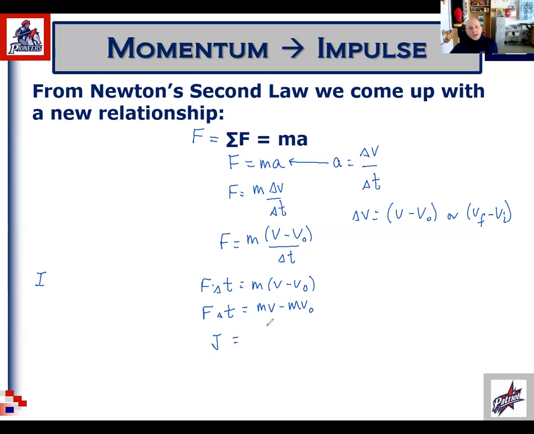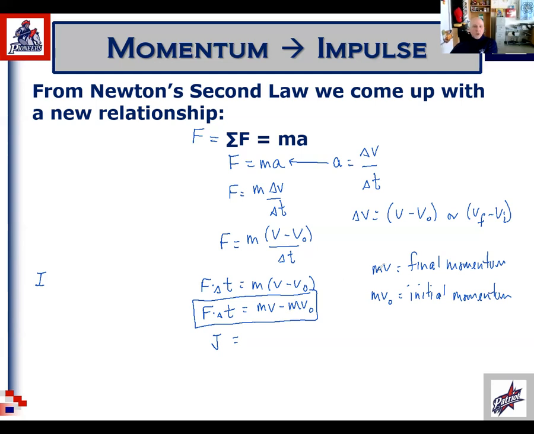And then on the other side, from Newton's second law, this is what we get. This idea of force times time, that's impulse. Well, mv represents the final momentum, and then mv naught represents the initial momentum. A lot of times one of these is going to be zero anyway, because we're always looking at starting objects or stopping objects.